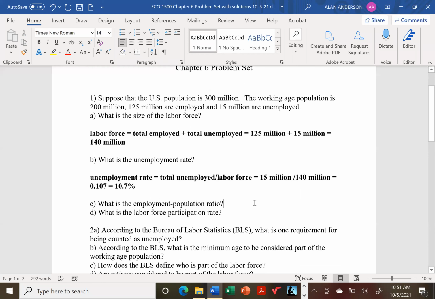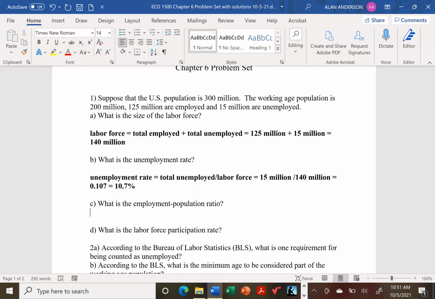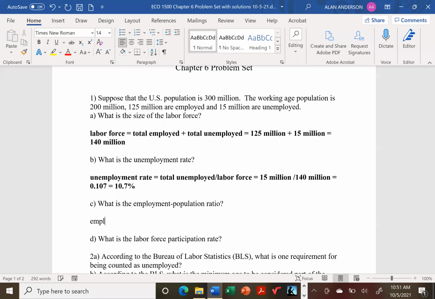Now, the employment population ratio is defined as total employed. This is over the working age population, though. So I don't think this is as meaningful as the unemployment rate, but you know, some economists like this number.